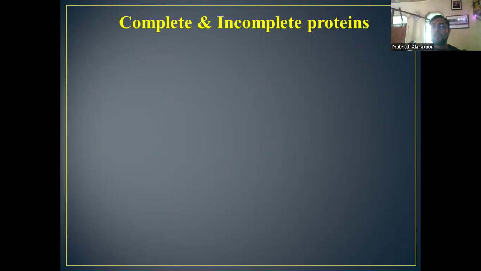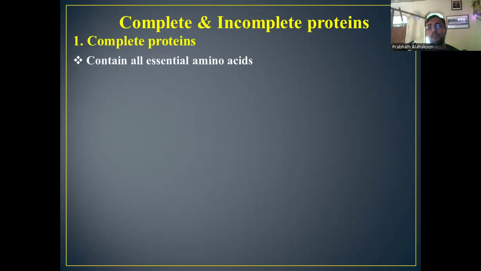Okay, let's come to the next topic. It is complete and incomplete proteins. First, we discuss complete proteins. They contain all essential amino acids. Examples of complete proteins are meat, eggs, and dairy products.